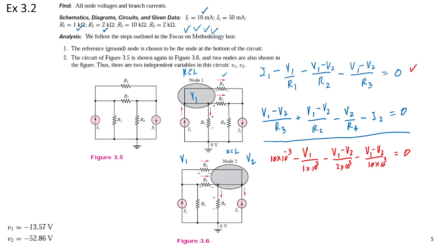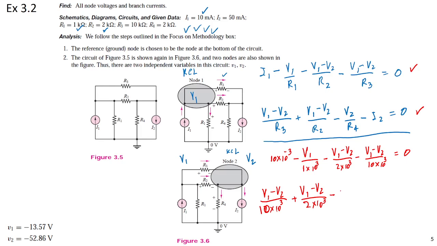This is this equation, and the second equation is V1 minus V2 divided by R3, R3 is 2 kΩ, plus V1 minus V2 divided by R2. To avoid confusion, R3 is 10 kΩ, R2 is 2 kΩ, right?